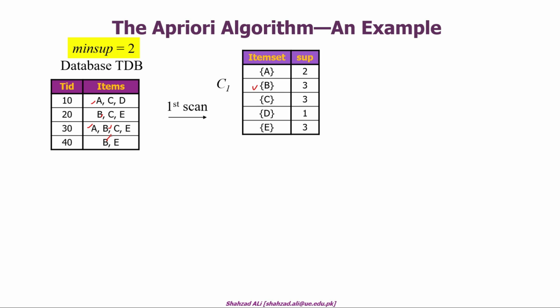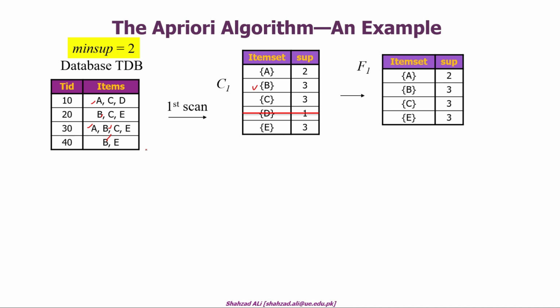So as we can see, the minimum support is 2, so this D item set is infrequent, so we discard D from the candidate item sets, and our frequent one item sets are A, B, C and E with the support count of 2, 3, 3 and 3 respectively.